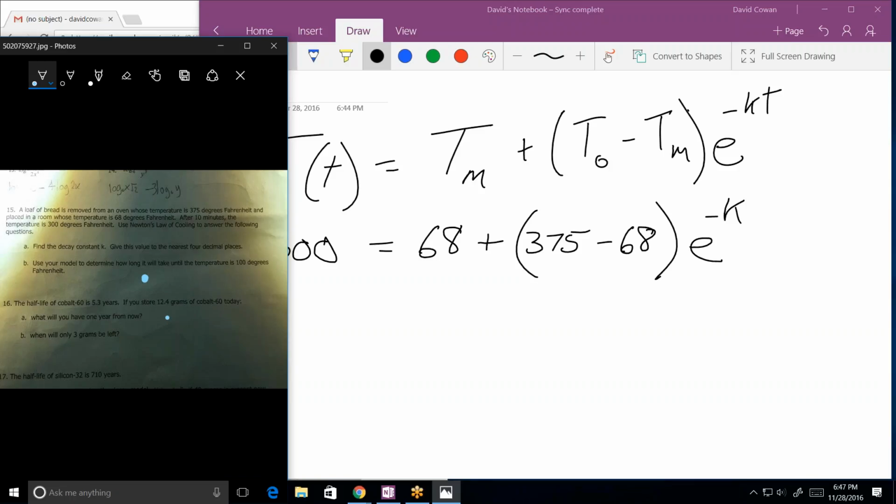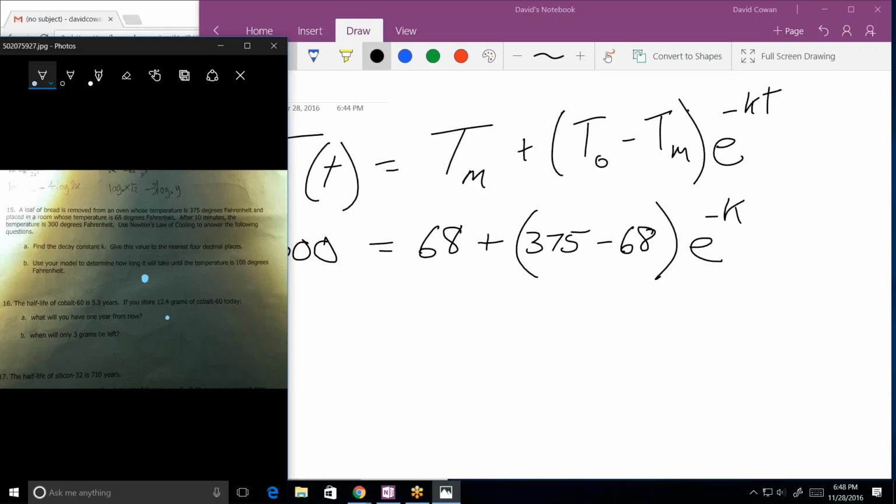So for this equation, is t always in minutes? Not always. T can be in any time unit you want for any of these equations. There's things that have half-lives in seconds.